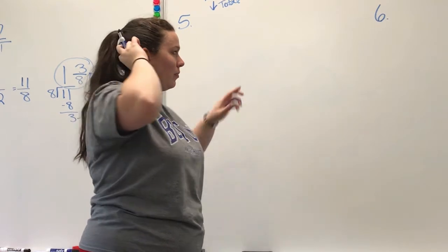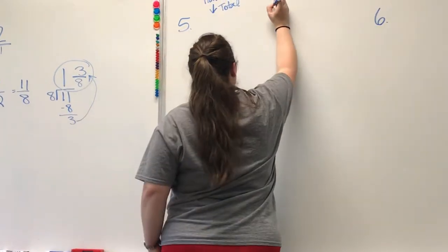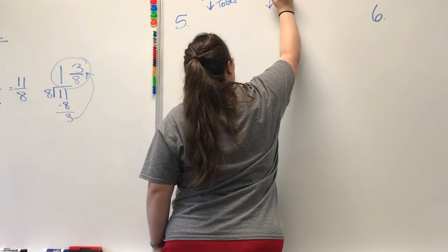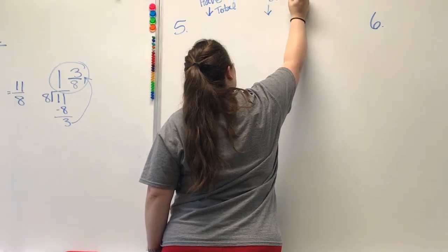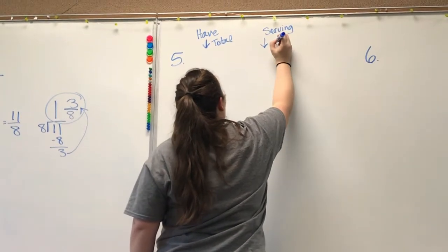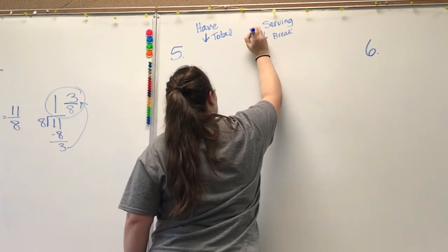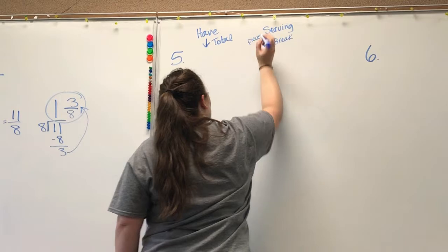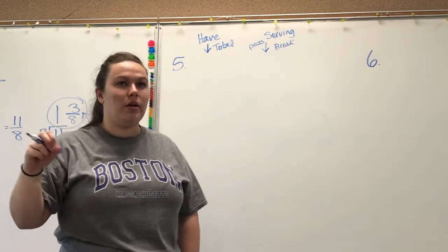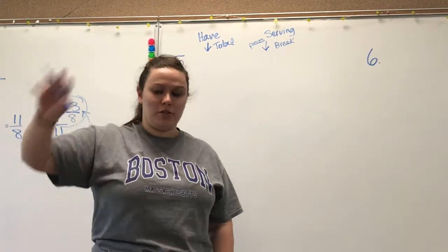Okay. The second number is usually like the serving size, or it's what you want to break it up into, or the pieces. Okay, it's the smaller bits that you want to break it up into.